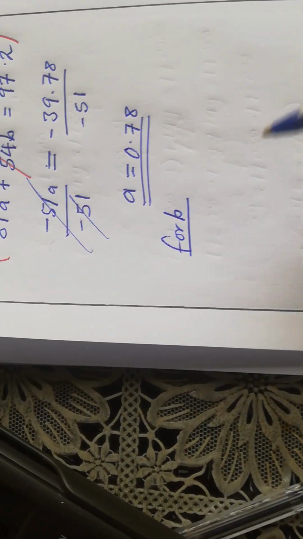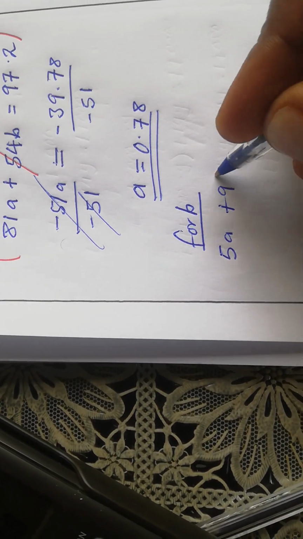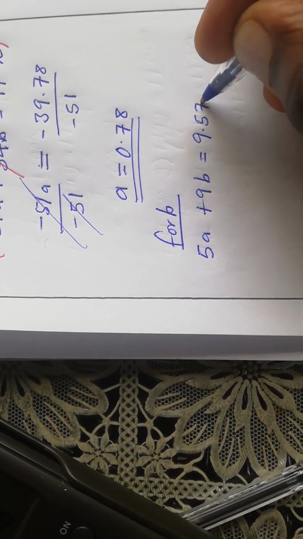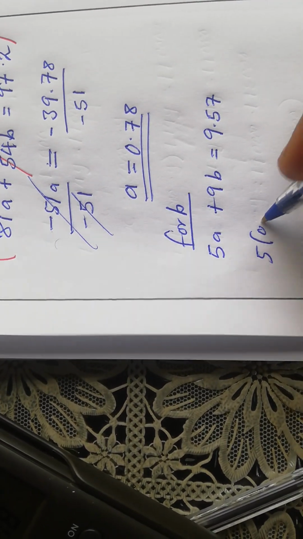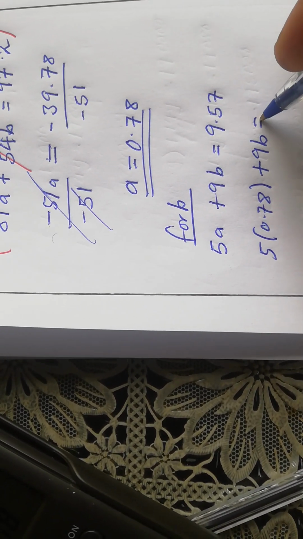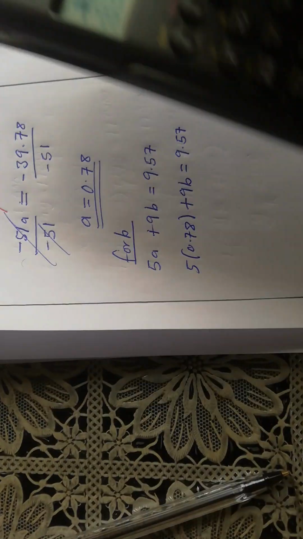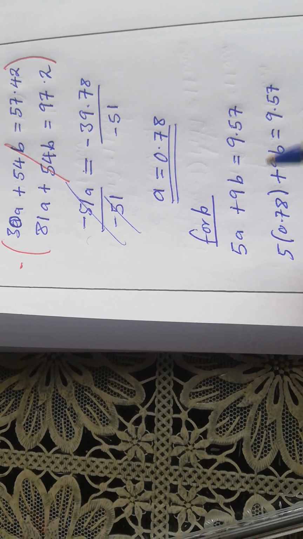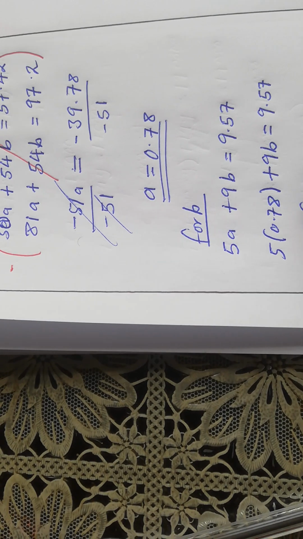So we can get the equation 5A plus 9B is equal to 9.57. If we do our mathematics here, A is 0.78, so 5 times that gives 3.9.